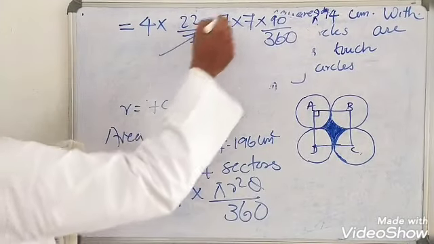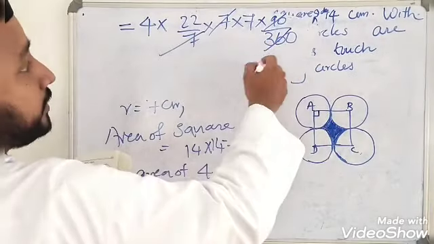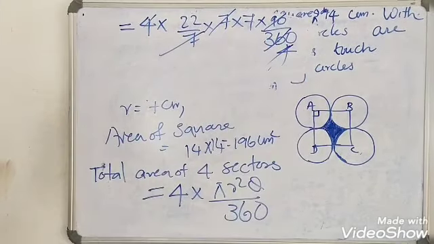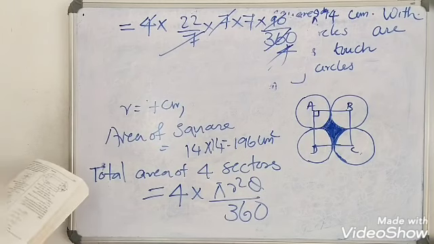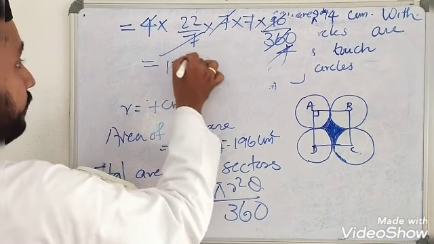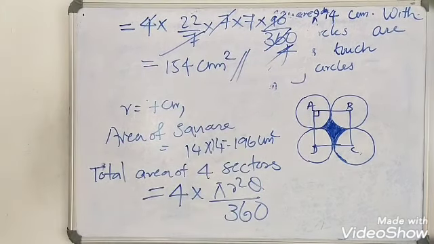So we can cut this 7 and 7, and this 90 and 360, that is 4. Again cut this 4 and 4. Then we will get 22 into 7, that is 154 centimeter square.